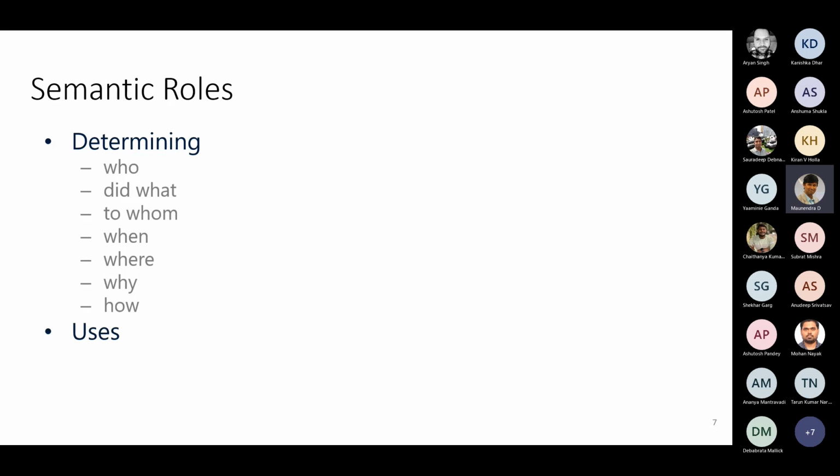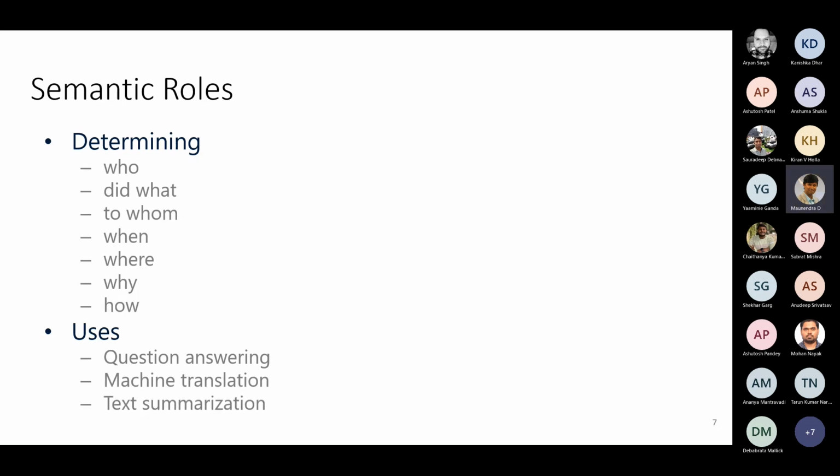For example, it can be helpful for question answering. It can also be helpful for constructing knowledge bases. It can also be helpful in many ways for machine translation systems. If you look at the target sentence and source sentence, the semantic roles for the corresponding phrases in different languages will need to remain the same for a meaningful translation.